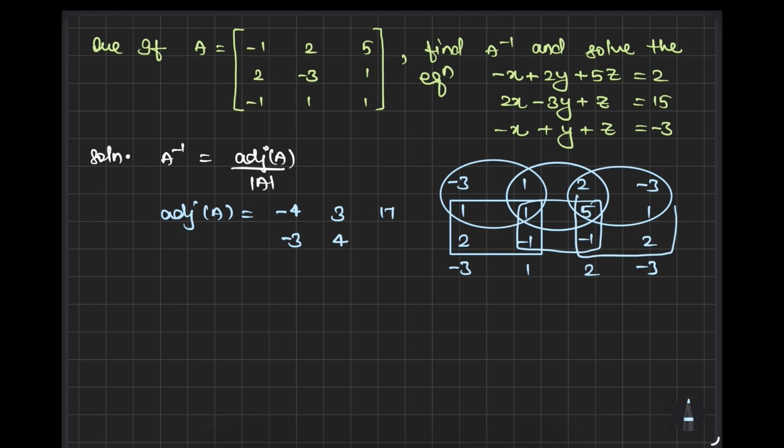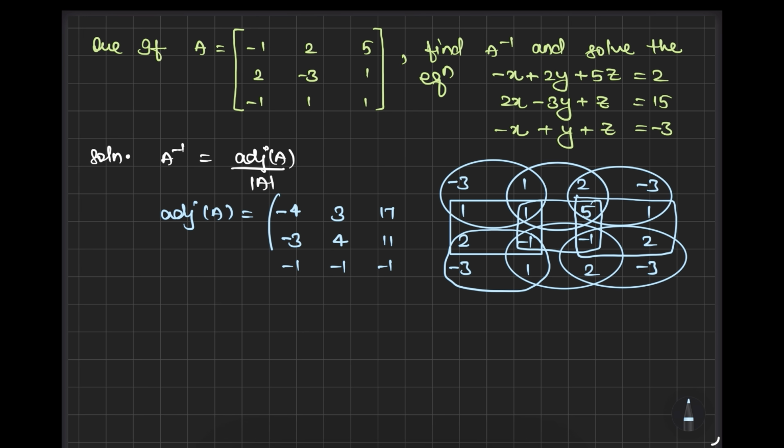Then 10 plus 1, 11. Then 2 minus 3, -1. Then -2 plus 1, -1. Then 3 minus 4, -1. So this is your adjoint.